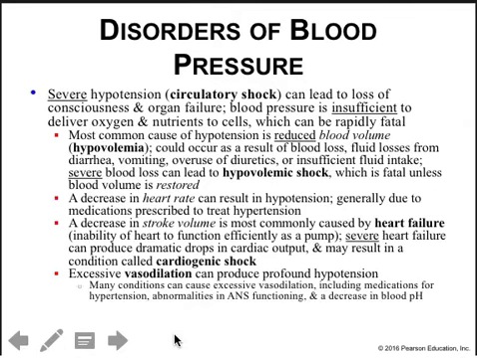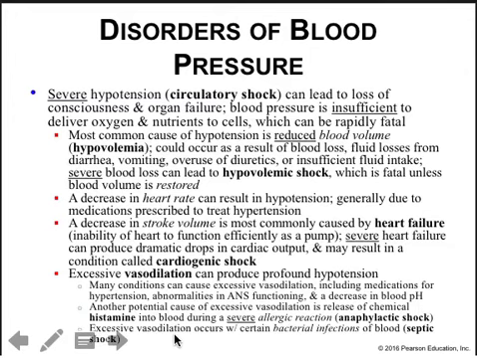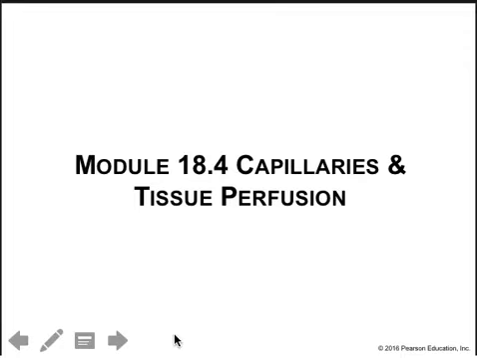Many conditions can cause excessive vasodilation, including medications for hypertension, abnormalities in autonomic function, and a decrease in blood pH. Another potential cause of excessive vasodilation is the release of histamine into the blood following a severe allergic reaction known as anaphylactic shock. Excessive vasodilation occurs with certain bacterial infections, and we term this septic shock.